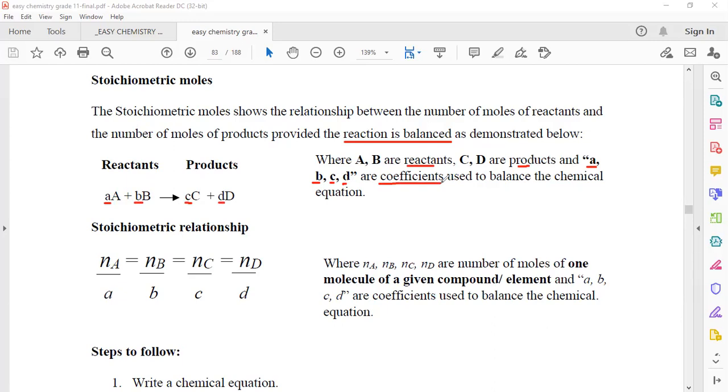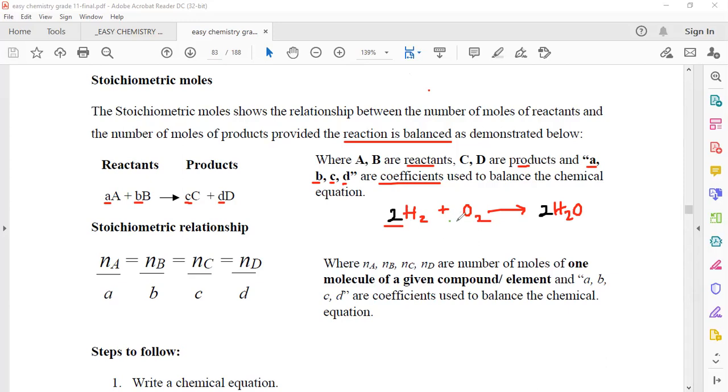After you balance a chemical equation, for example, H2 plus O2 giving us H2O, if we balance this chemical reaction by putting a 2 there and a 2 here, these numbers in front are the ones we are referring to, the small letters a, b, c, and d.